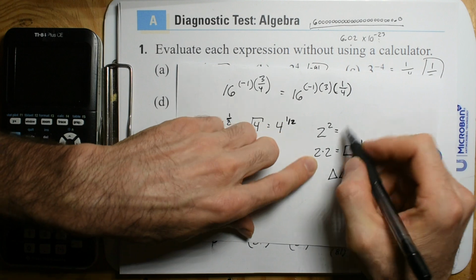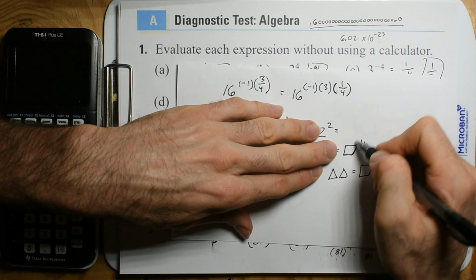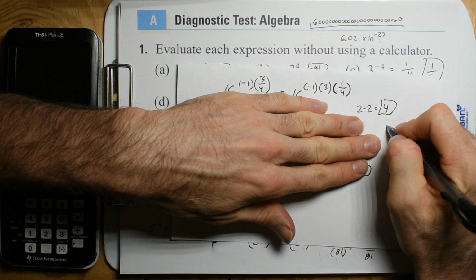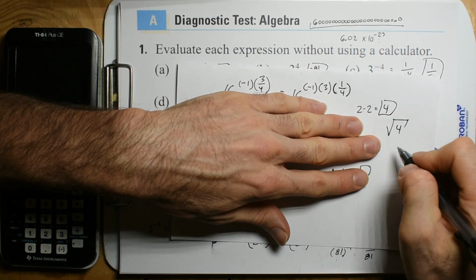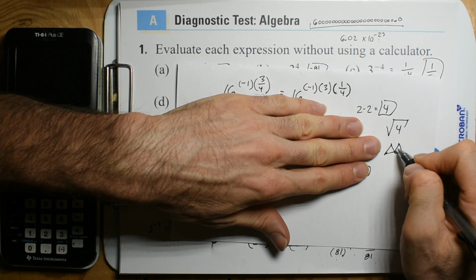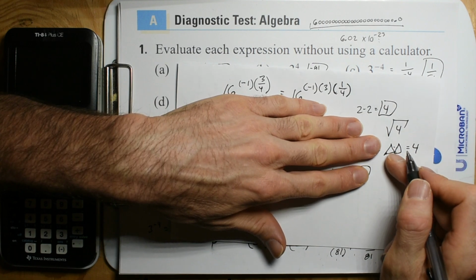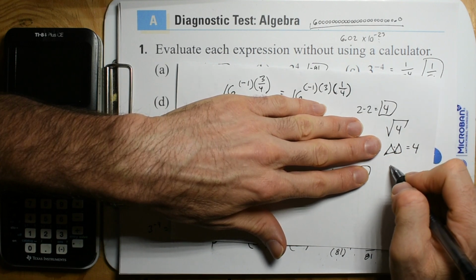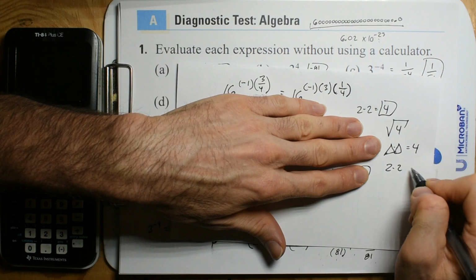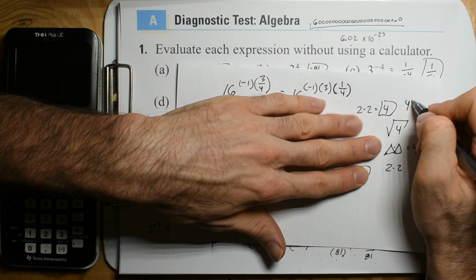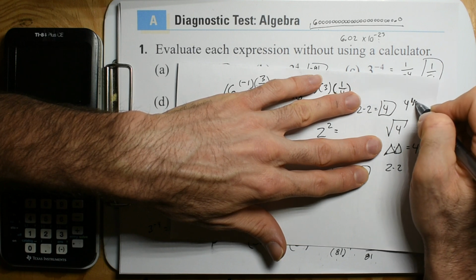Because if I had 2 times 2, so 2 times 2 is 4. So now what's the square root of 4? That means that 2 numbers, when multiplied, have to equal 4. What are those numbers? It's going to be 2 times 2. And that's the definition of 4 to the 1/2 power.